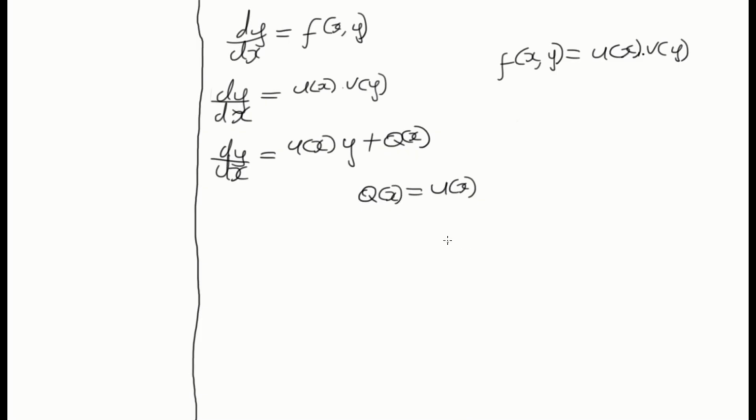If this is the case, it means dy over dx is equal to u of x; remember, u of x is now equal to q of x, so I can take just one of the two. Then it leaves us with y plus 1, which also takes the form that we normally solve using separation of variables.